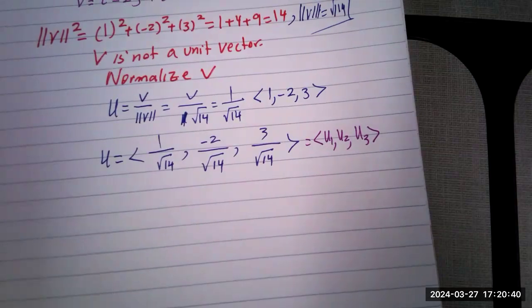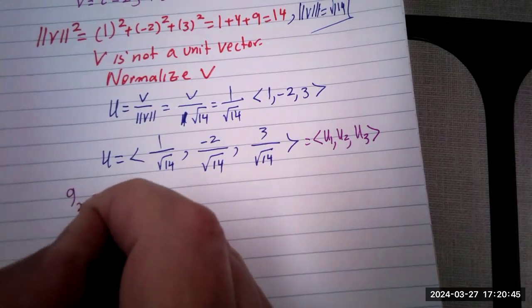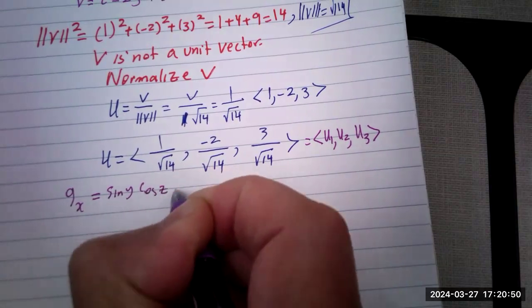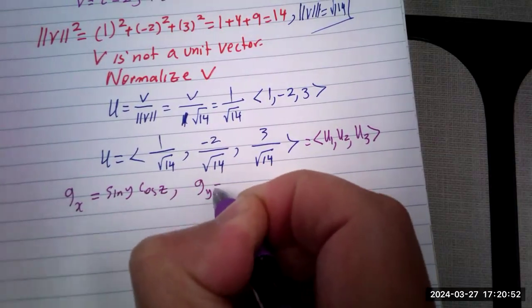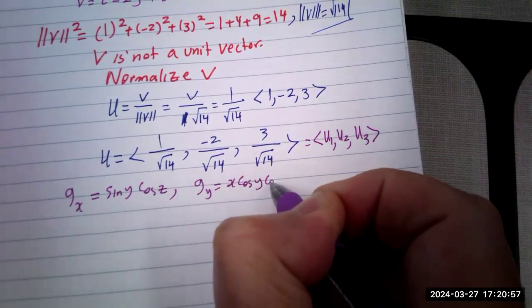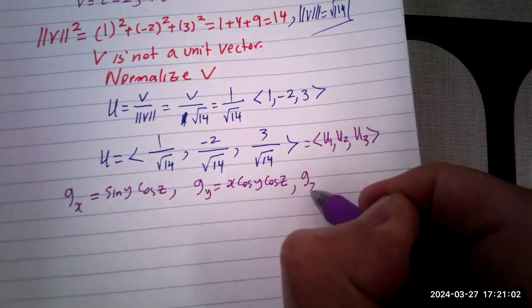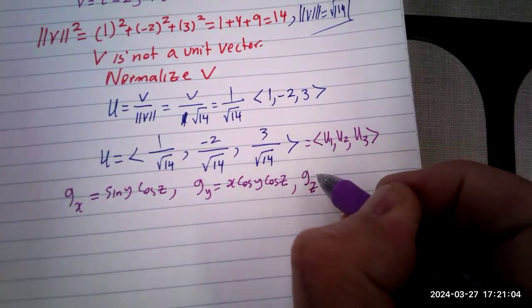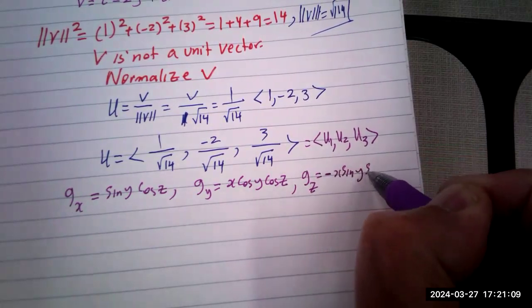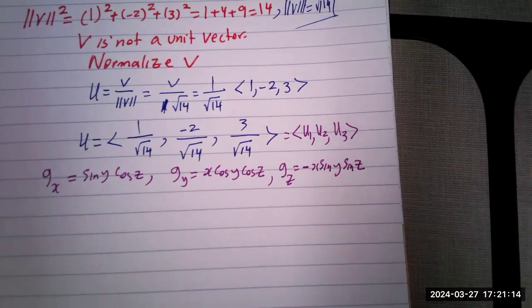So g sub x simply would be sine y cosine z. G sub y would be x cosine y cosine z, because it's a product. G sub z, if I have a cosine, it's a negative, so it's going to be negative x sine y sine z.